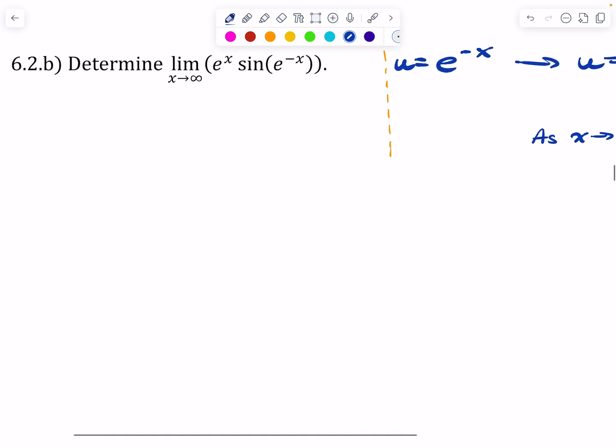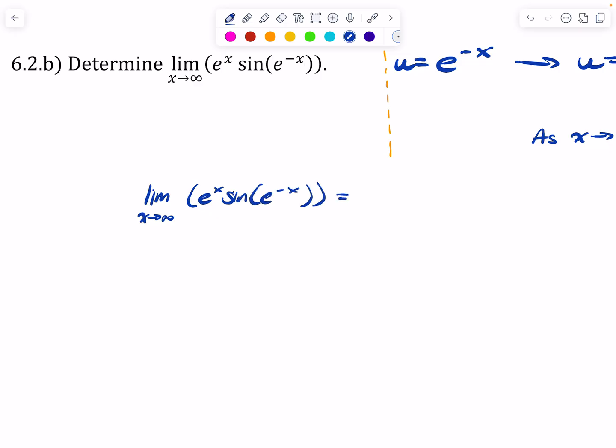So rewriting this limit, this is the limit as x approaches infinity for e to the x sine of e to the negative x.